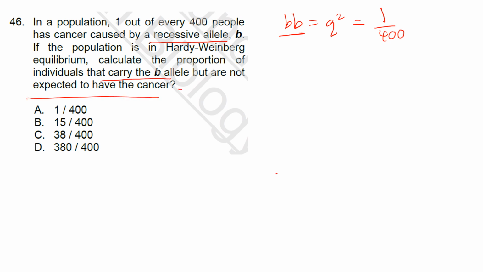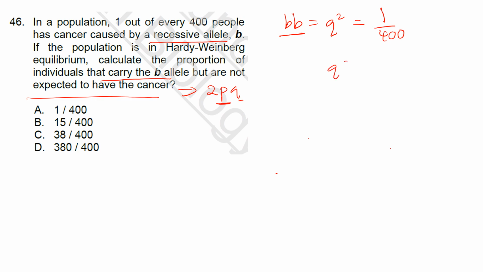So you have to calculate the number of individuals that are carriers. They are heterozygous, which is 2PQ. In this case, you again have to determine the value of P, so you have to get the value of Q first.